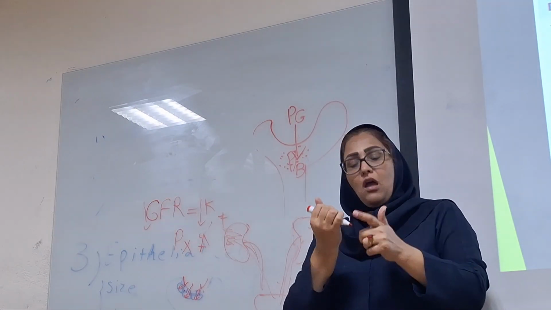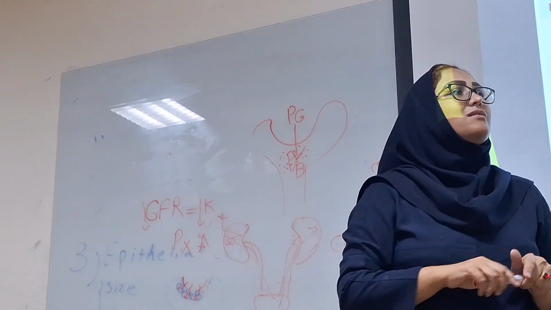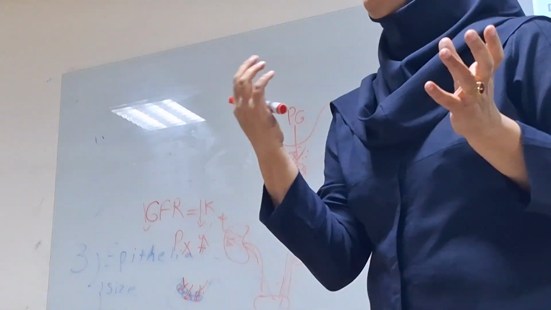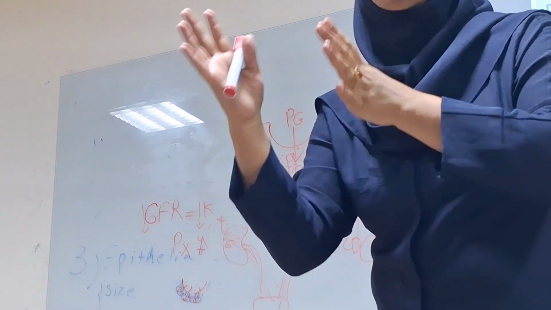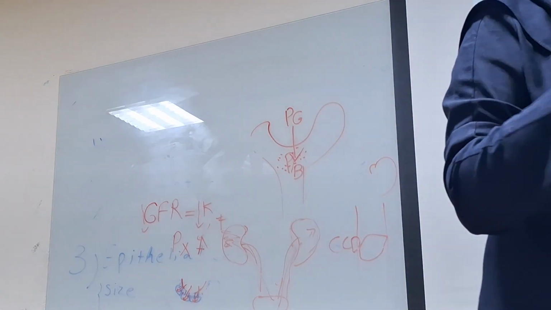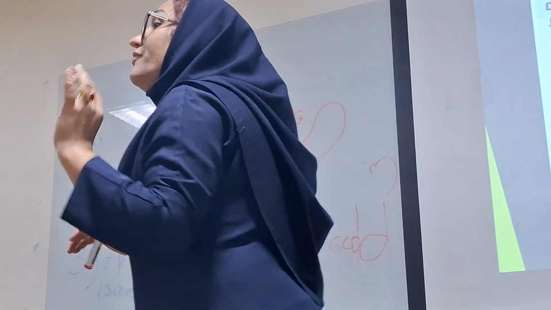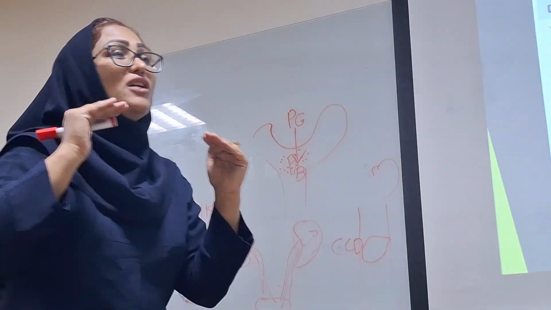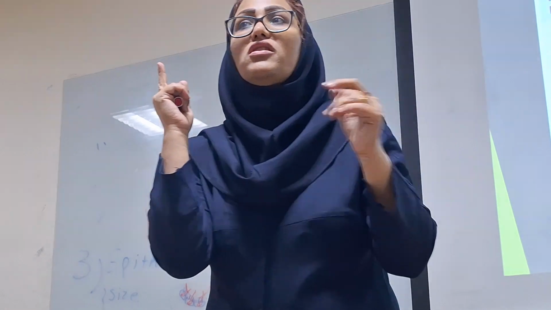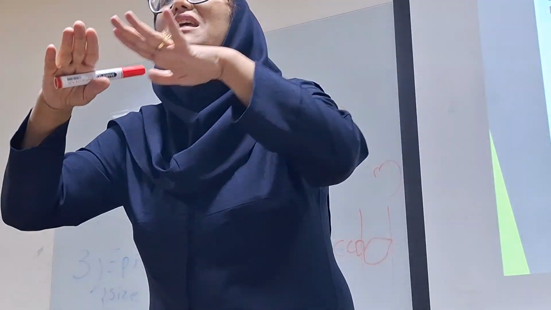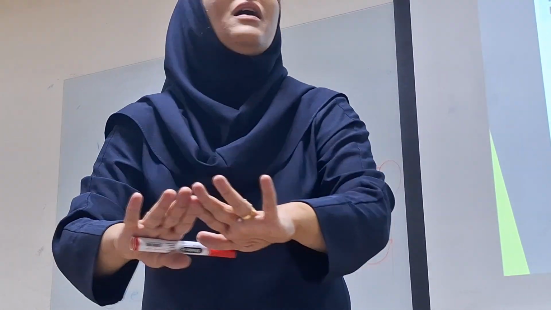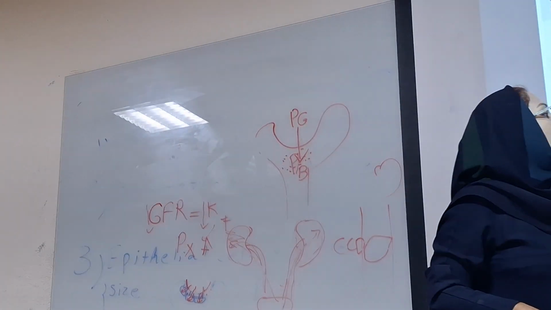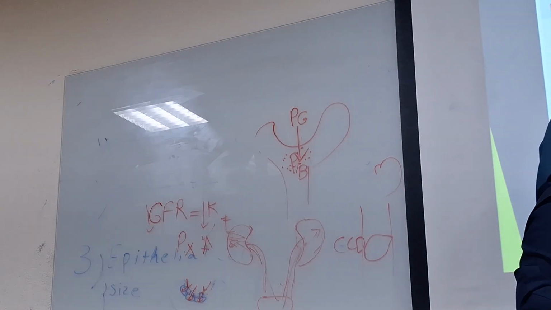But kidneys have a mechanism called autoregulation, an intrinsic mechanism in the kidneys. Because of autoregulation, the effect of blood pressure on GFR is less; it has only a small effect.